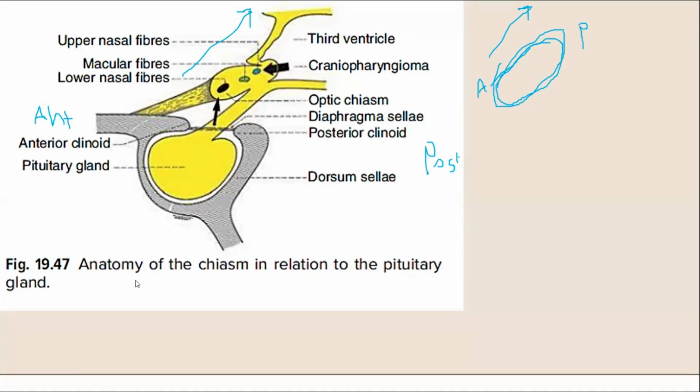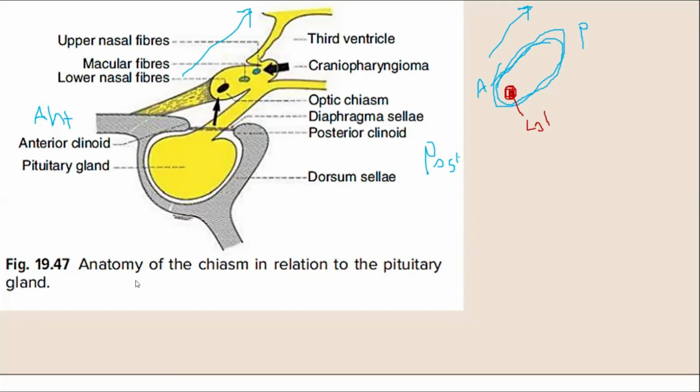And also, you have to know that fibers that come from the lower retina are located lower. So here, if I draw fibers here, this actually carries visual information from the lower retina. And of course, you have to say lower nasal because we are talking about the chiasm, where we will find nasal fibers.